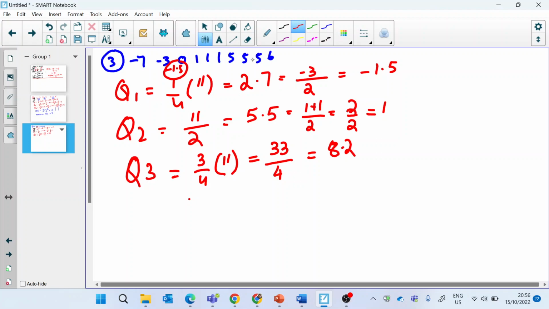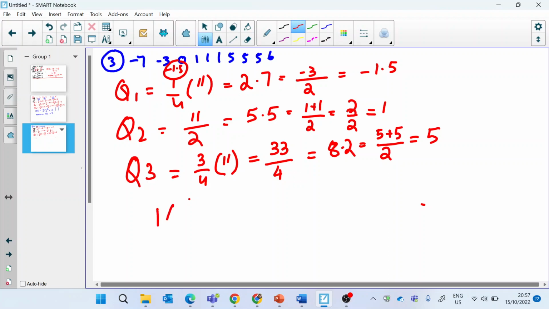The eighth value and ninth value are both 5. So the mean of 5 plus 5 divided by 2 again gives us 5. So our Q3 is 5.